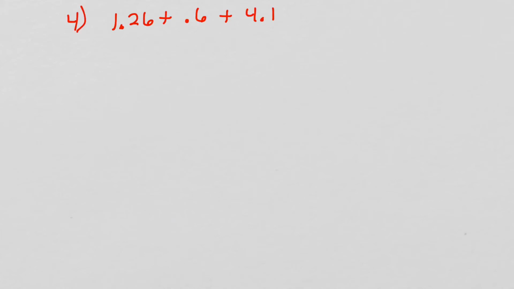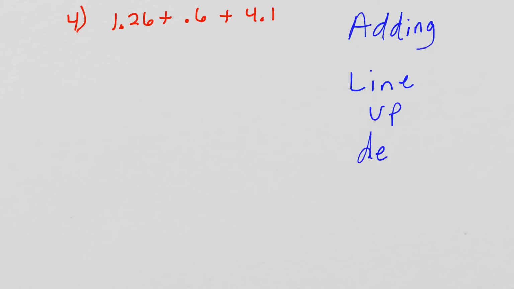When I add decimals, you line up the decimals, and that's so that they keep their value. So 1.26 decimal plus 0.6 decimal, 4.1.